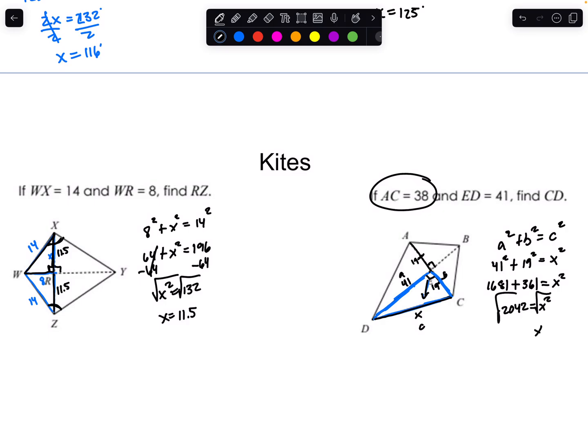I square root both sides, and I'm left with the square root of 2042. And I get approximately 45.2 as the length of CD. That's pretty much it.